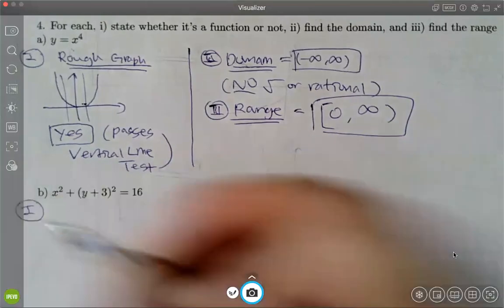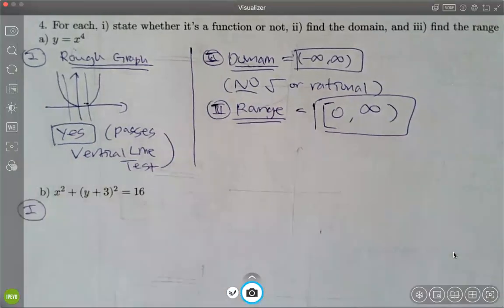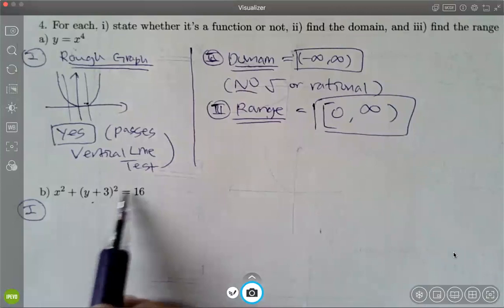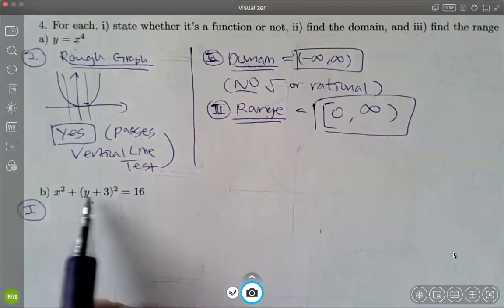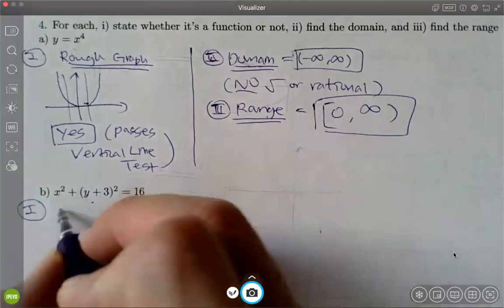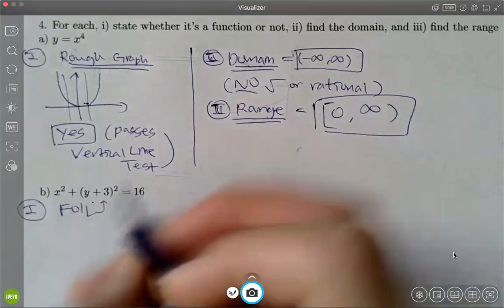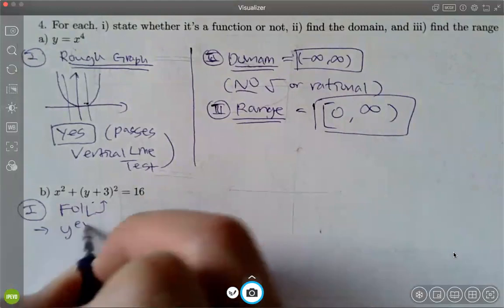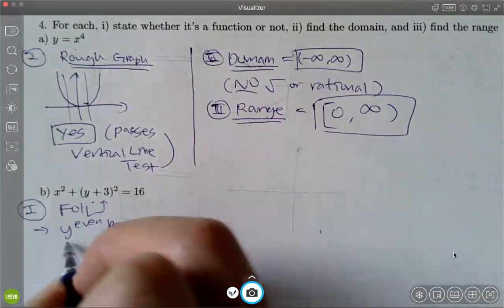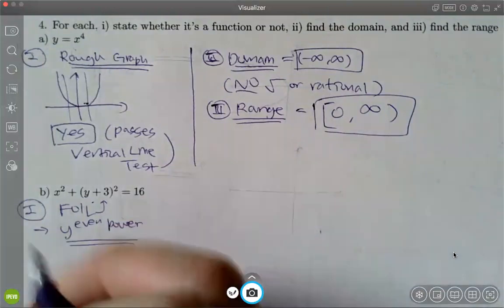It has a y to the even power. Right, so here, at this point, we don't see y to the even power, but once we FOIL it, we will see y to the even power, which is 2. So, it's not a function.